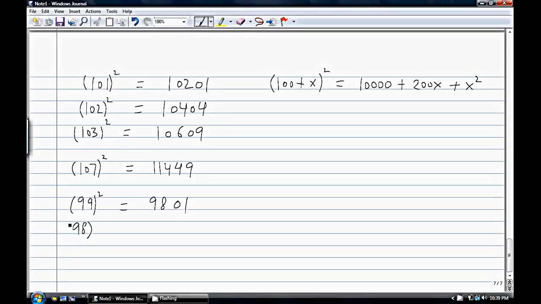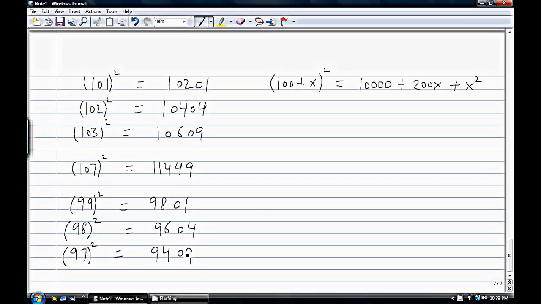Similarly, 98 square will be 9604, and 97 square is equal to 9409. 3 2s are 6, so 94, and 09.